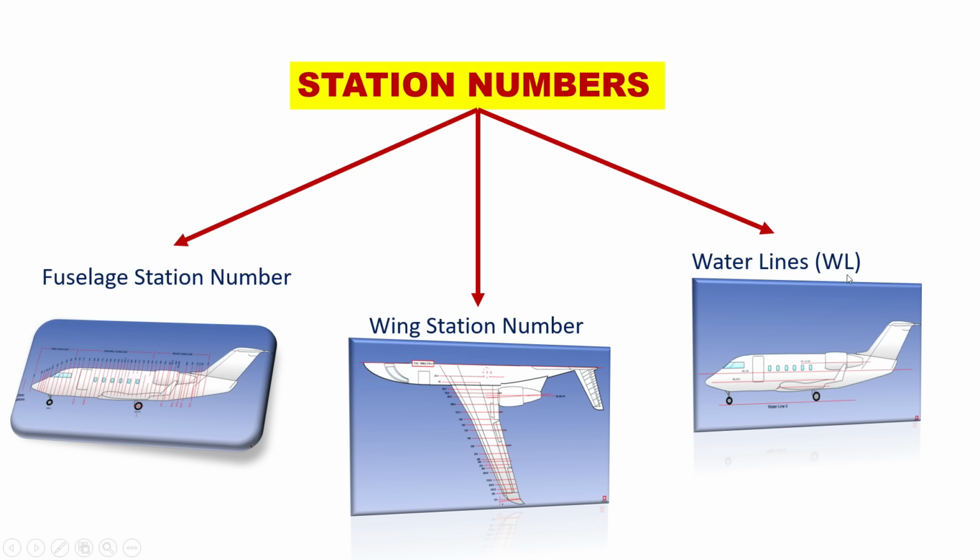Waterline is nothing but when you divide the aircraft in the vertical plane. In this, you are dividing into this plane, and this you are dividing in this plane from the top side, and in this you are dividing into the vertical plane, right? So this is your fuselage station number, this is your wing station number, this is your waterlines.